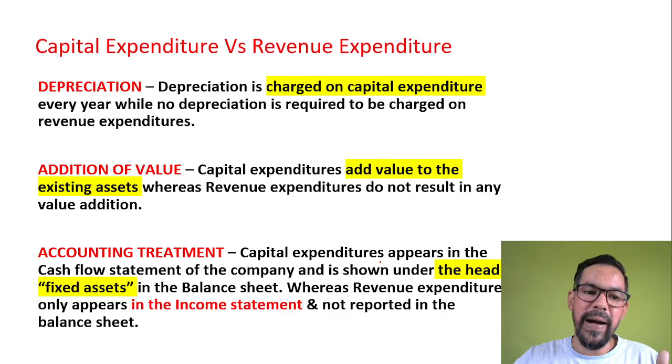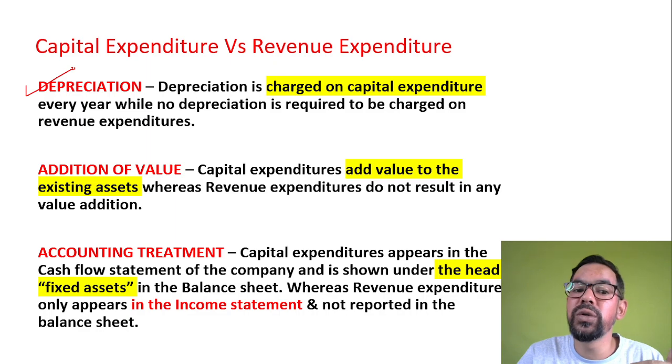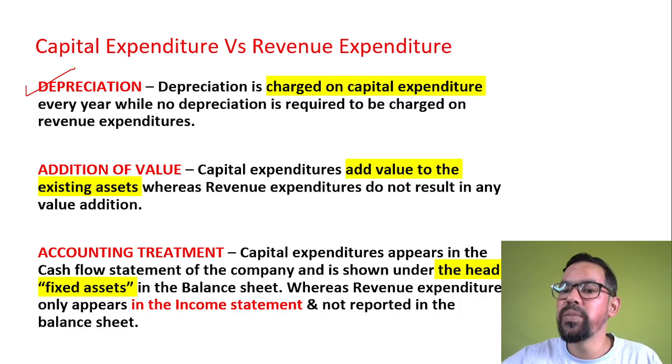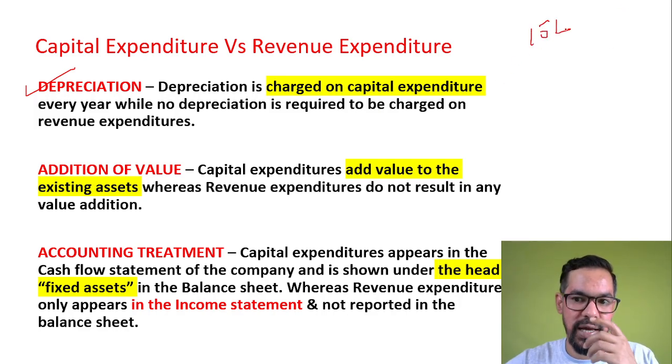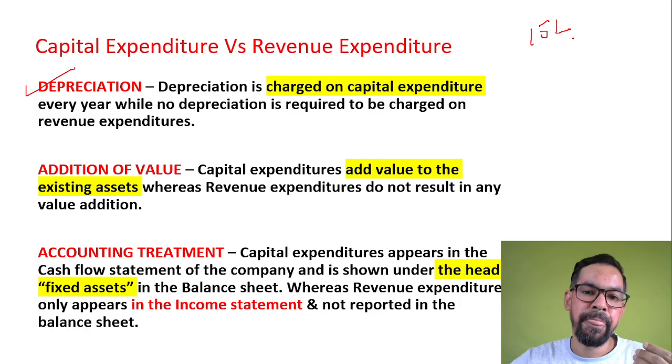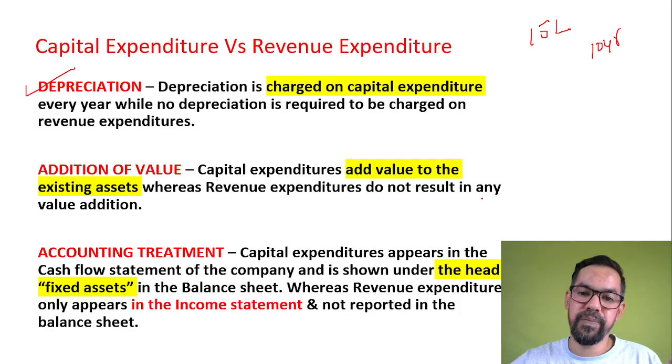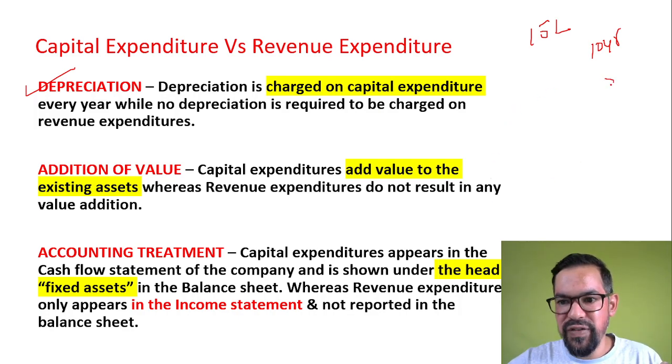Okay, apart from that, depreciation. Depreciation is generally charged on capital assets. While we discussed the depreciation unit, we already discussed this particular thing. Let's say you buy a machine, that truck purchase price was 15 lakh rupees, and let's say the age is 10 years, and the salvage value is 5 lakh.